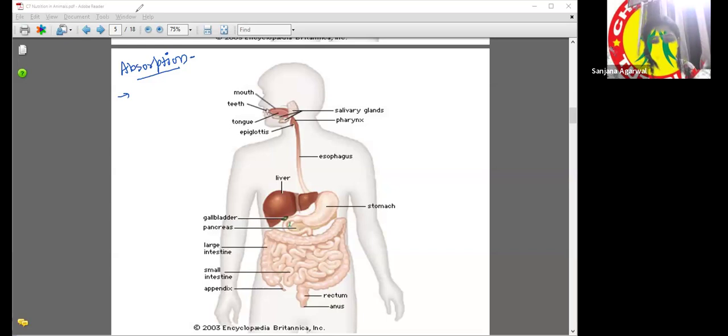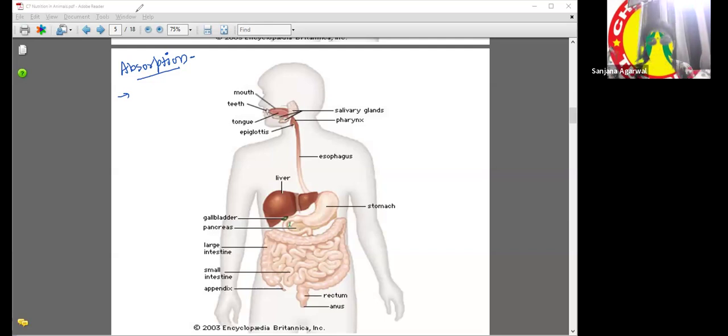Second, in birds, absorption takes place in the small intestine.